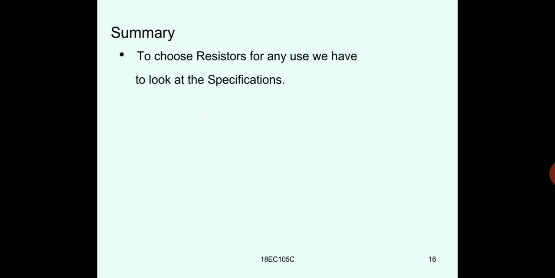So let us summarize what we have learned in this lesson. To choose a resistor for any use, we have to look at the specifications of the particular resistor. The basic specifications of the resistors are only three. That is the resistance value, the tolerance, and the wattage.